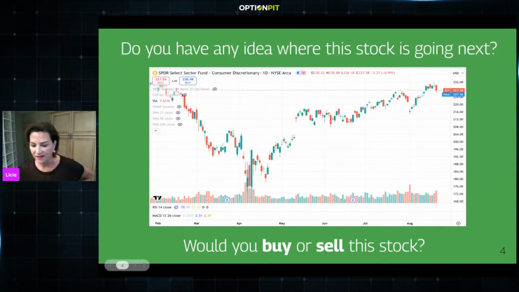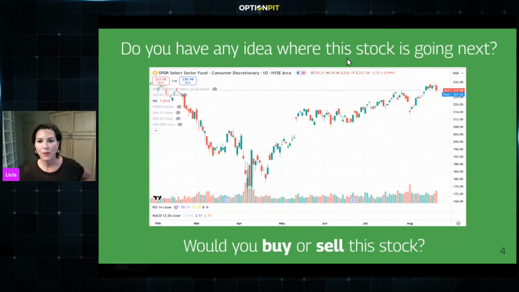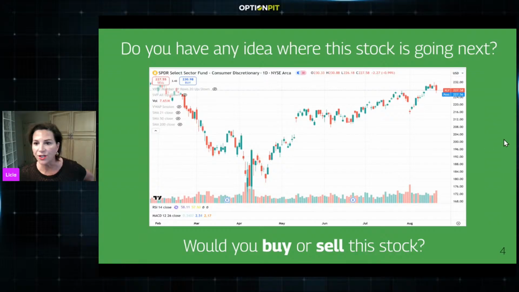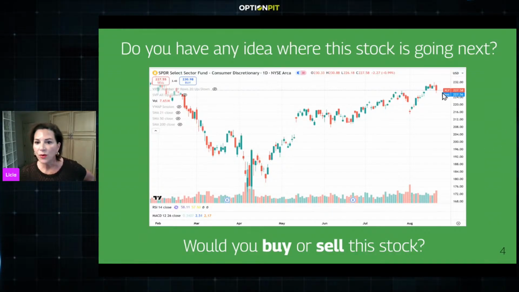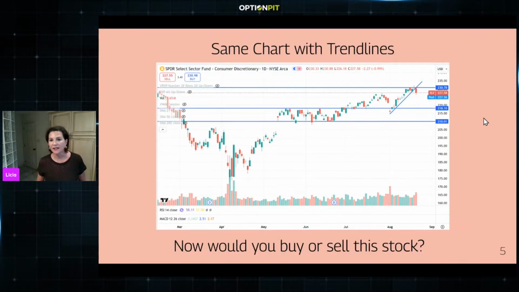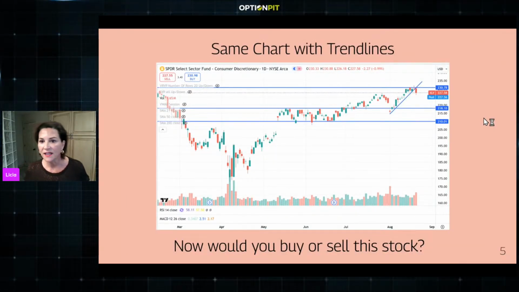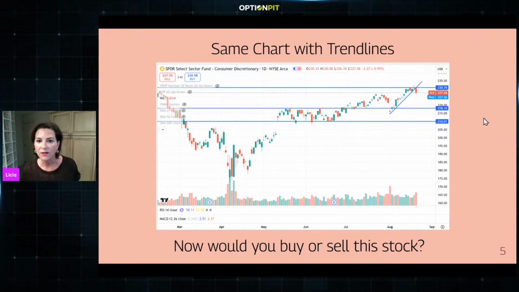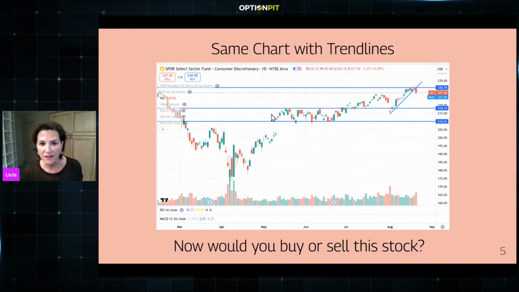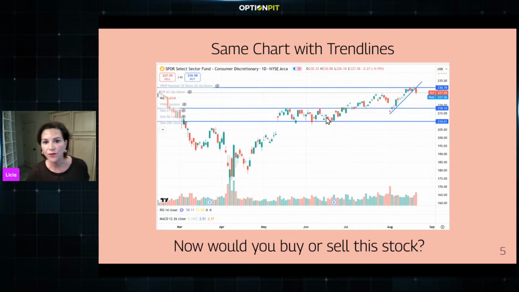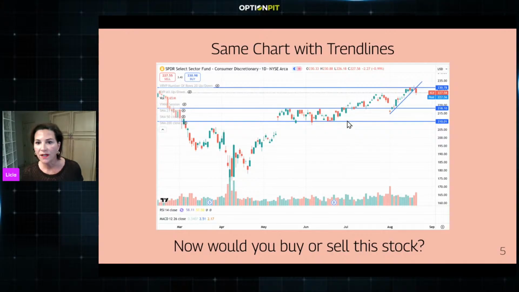I apologize. Okay. Kind of confusing, right? We don't really have any guidance on what to do with this stock when it's just a bunch of candles up and down. We add a few trend lines to the same exact stock. Now you kind of have a little visual of, wow, this stock has consolidated for a while, meaning it hasn't moved out of a certain range.